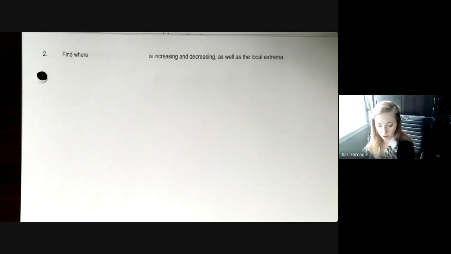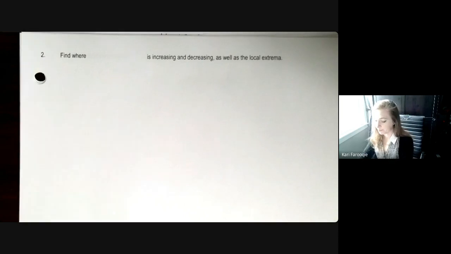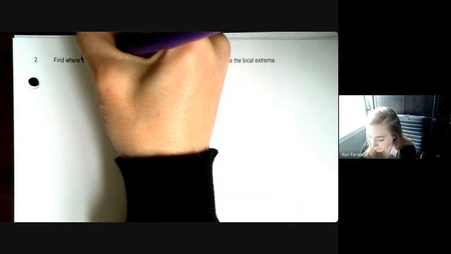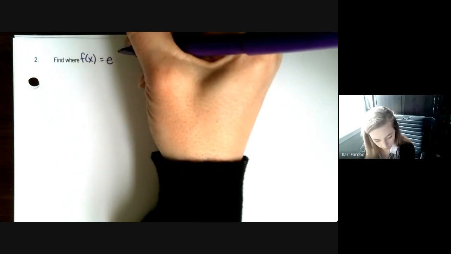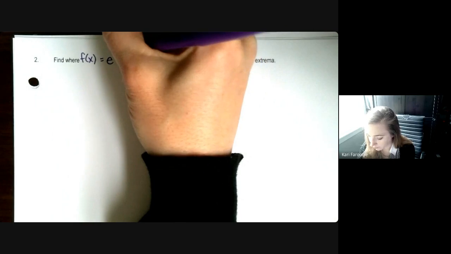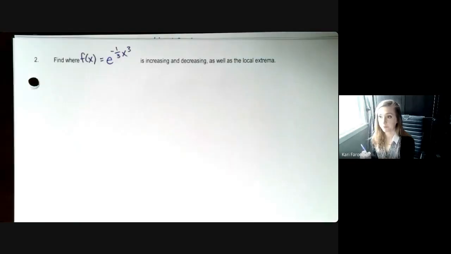Find where f of x equals e to the negative 1/3 x cubed is increasing and decreasing, as well as the local extrema.